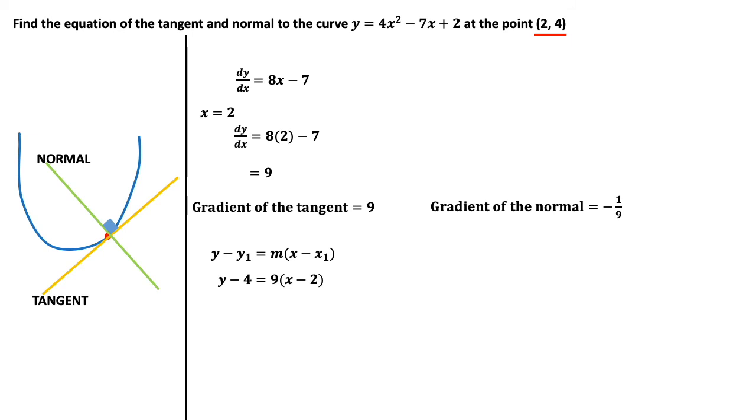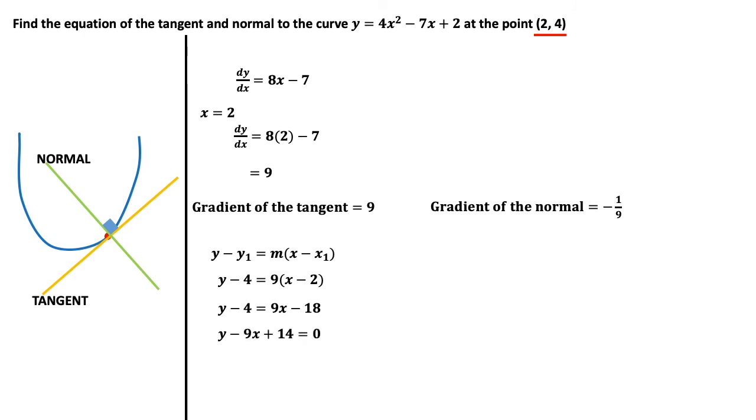So I can write y minus 4 equals 9, and then brackets x minus 2. If we expand the brackets, that leaves us with y minus 4 equals 9x minus 18.